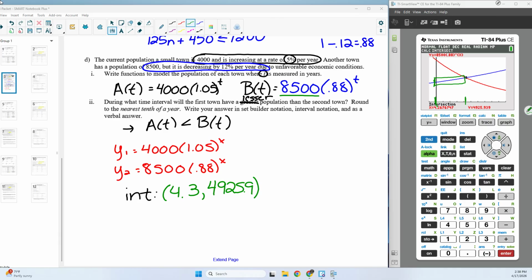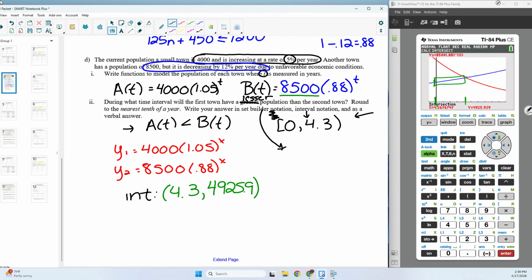So written in 3 different ways, just to practice for this question, you would never be asked for all 3. So we're going to go from 0 to 4.3. It's a little ambiguous what notation they want, because they don't want it to be equal to 4.3, but I rounded anyway. So I'm just going to say from 0, because 0 is definitely included, to 4.3 with the parentheses. This is, I went out of order, interval notation.